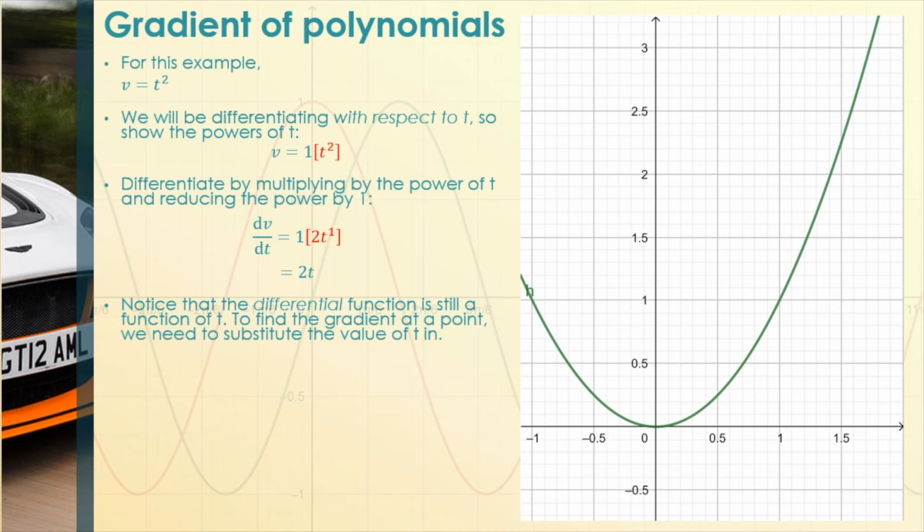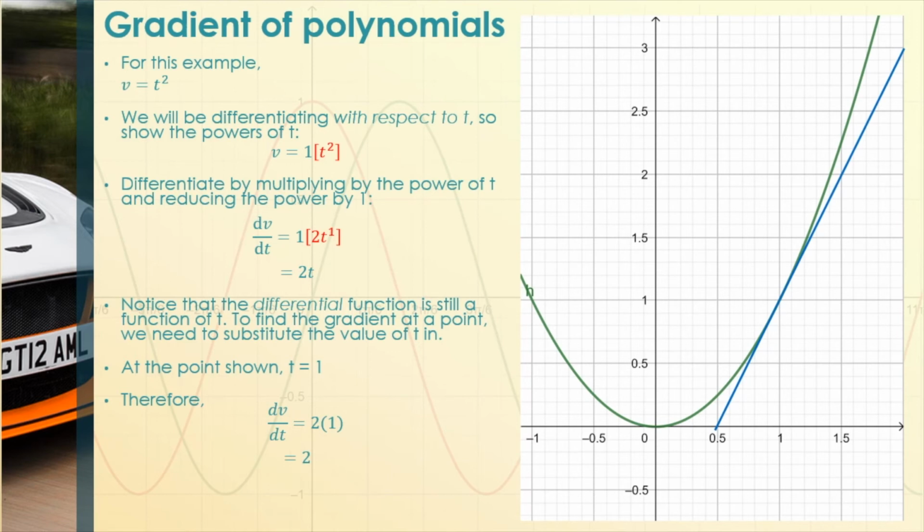So to find an actual gradient at a point, we need to substitute the value of t into the equation to find the gradient. For example, if we're looking at the point where t is equal to 1, differentiate using the differential dv by dt, we get 2 times t, which is 2 times 1, and the answer is 2.